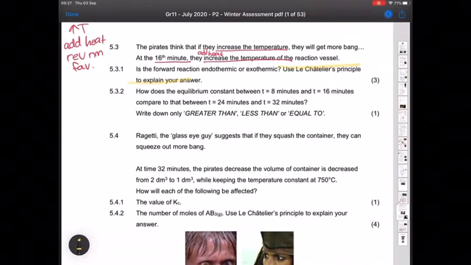In this case, at time 16 minutes, when the temperature is increased, so heat is added, the reverse or the endothermic reaction is favored. And if the reverse reaction is endothermic, then it must mean that the forward reaction is exothermic. So reverse would be endo, forward would be exo.